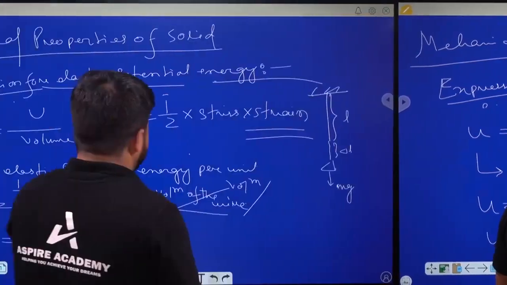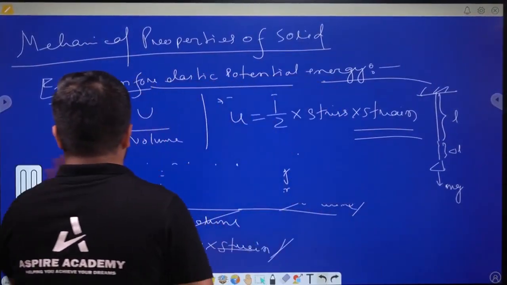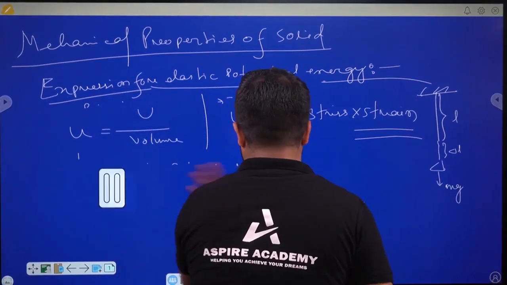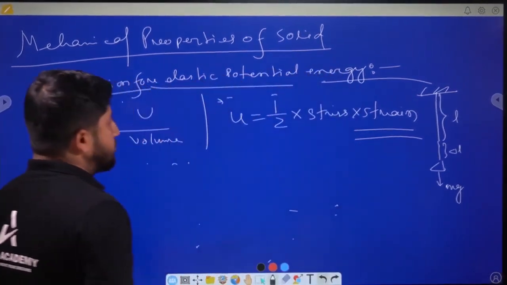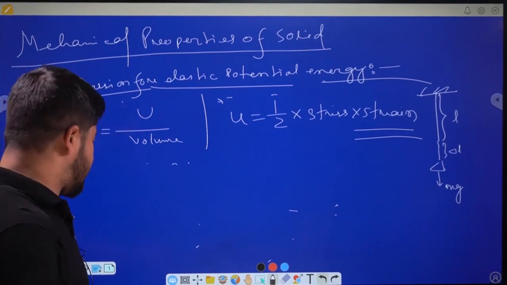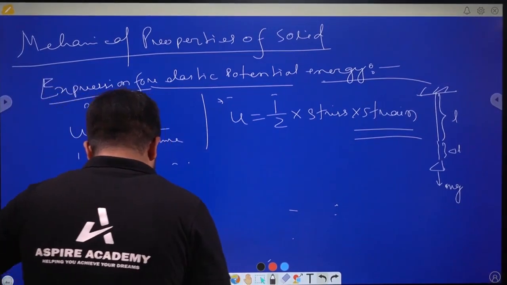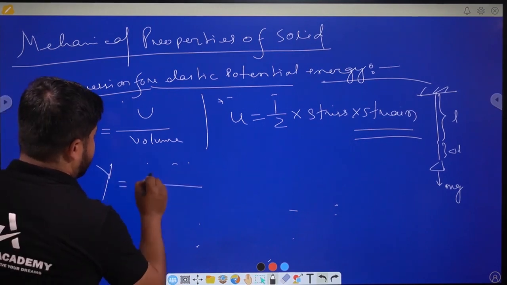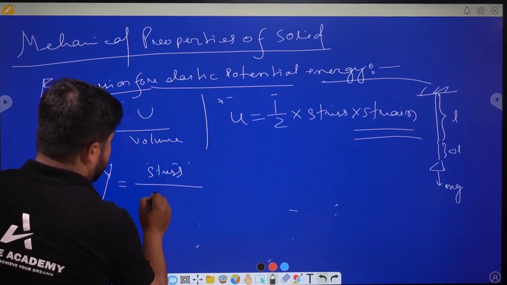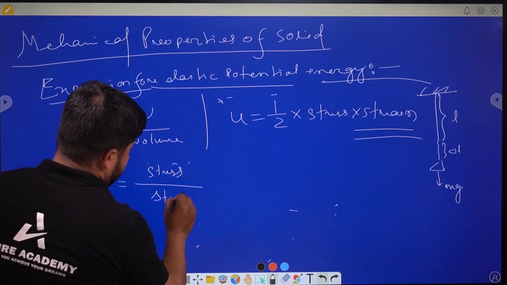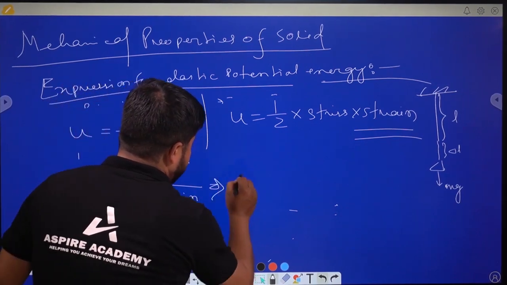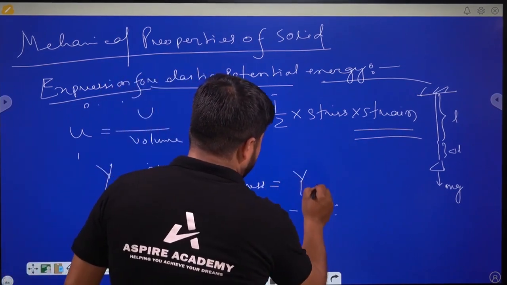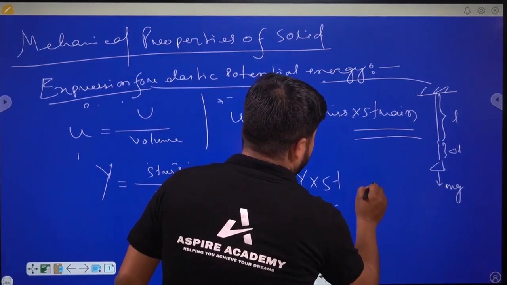Then this equation we can write in a different way. We know that small u is equal to half into stress into strain. We know that Young's modulus Y is equal to stress by strain, or stress is equal to Y into strain.